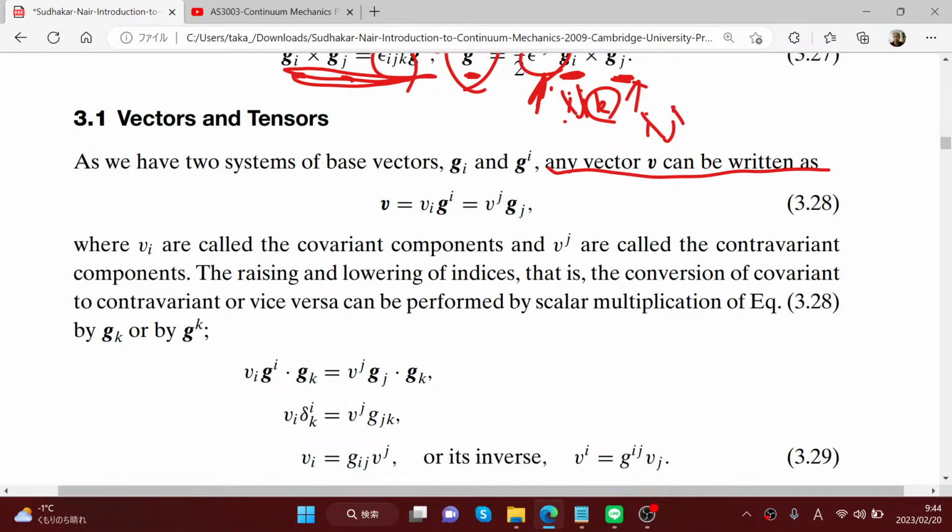The raising and lowering of the indices, that is the conversion from covariant to contravariant or vice versa, can be performed by scalar multiplication of equation 3.28 by gk or by gk upstairs.